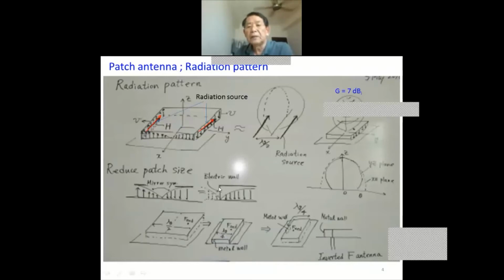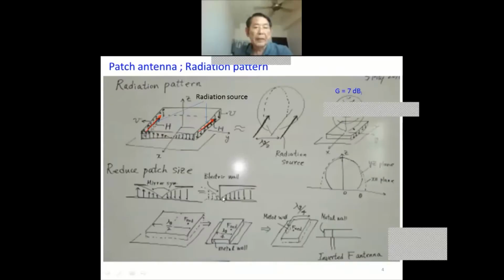This mirror symmetry can be achieved if the metallic wall is placed.